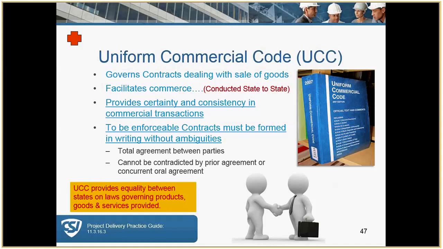For example, goods may be manufactured in state A, warehoused in state B, and then sold from state C and delivered in state D. The UCC really achieved the goal of uniformity in commercial laws, and provided a process that would make sense.